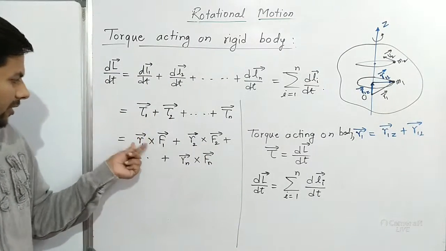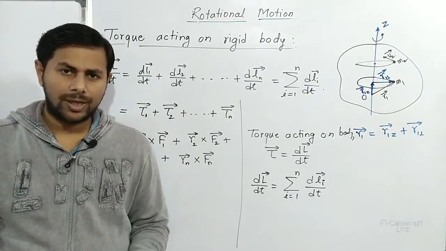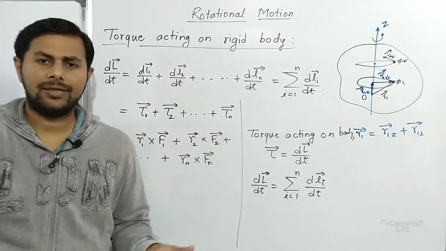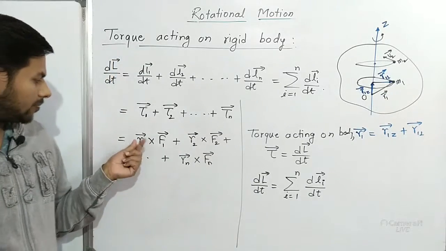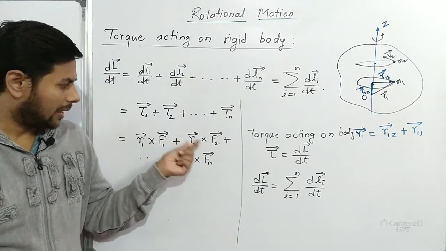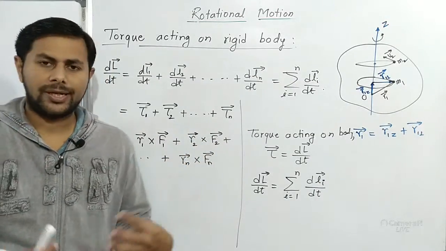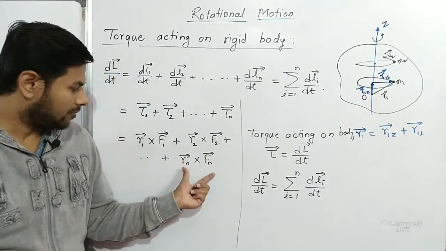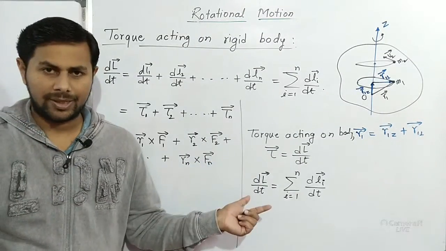We have written torque as the cross product of the position vector of each particle and the force acting on that particle.